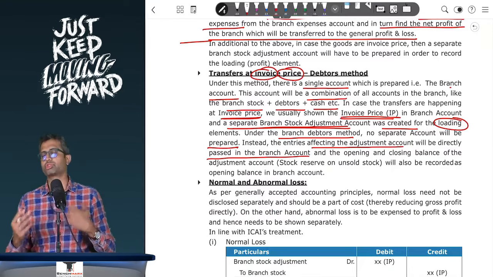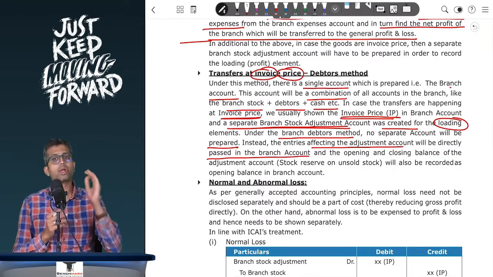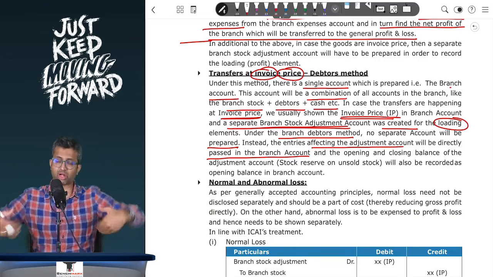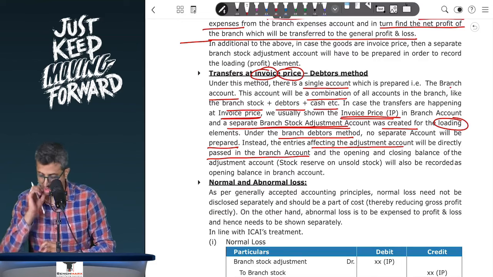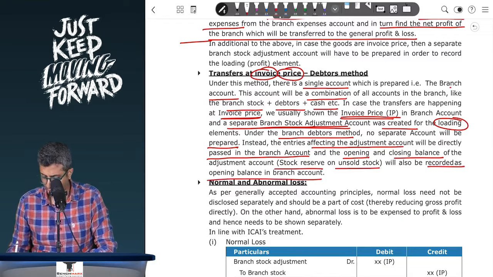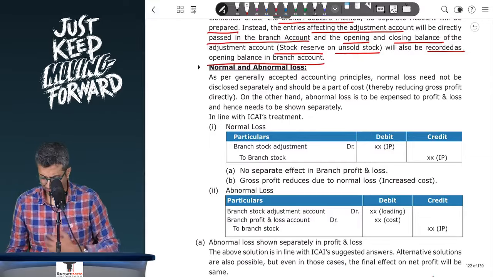Like in stock and debtors, you will prepare a separate account because for everything you prepare a separate account there. But in case of debtors method, you will not prepare any separate account. Everything will be done in the branch account only. And the opening and the closing stock or the balance of the adjustment account, that is the stock reserve, will also be recorded as the opening balance in the branch account.